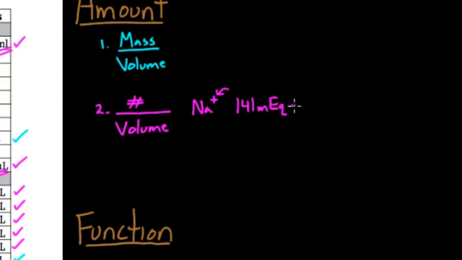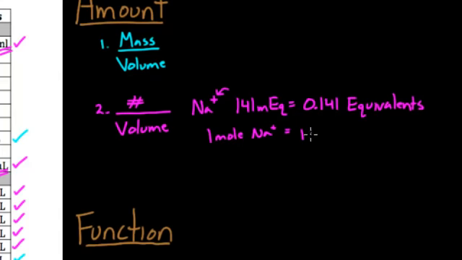That's actually the same as saying that I have 0.141 equivalents, because we know milli is just 1,000th. And because sodium has just 1 positive charge, 1 mole of sodium equals 1 equivalent of sodium.